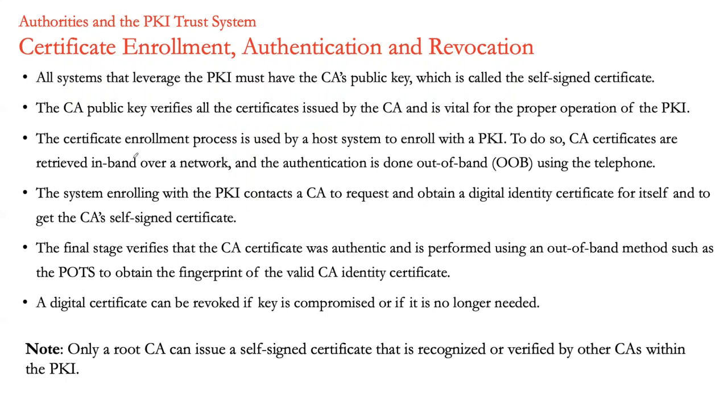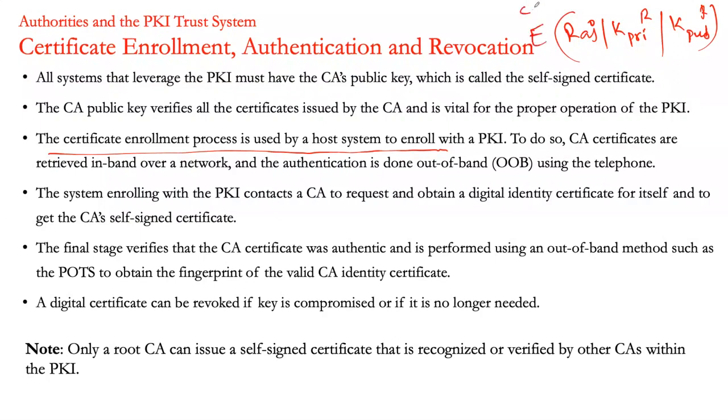So the certificate enrollment process is used by the host system. What is there in the identity says that this is Raj, having private key of R, public key of R, and this is encrypted with the public key of your certificate authority, and that encrypted message is sent to your certificate authority.